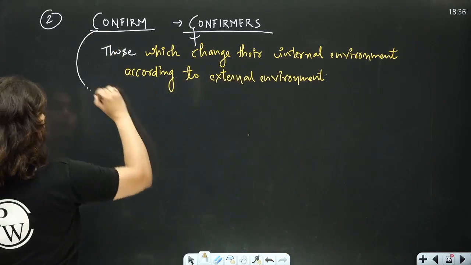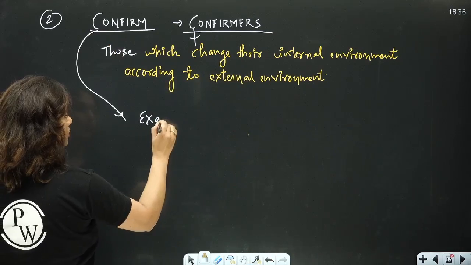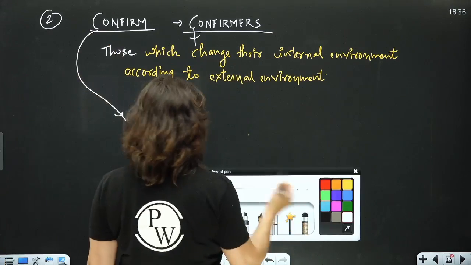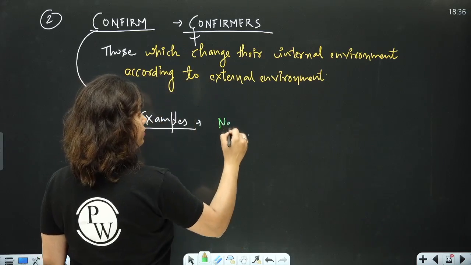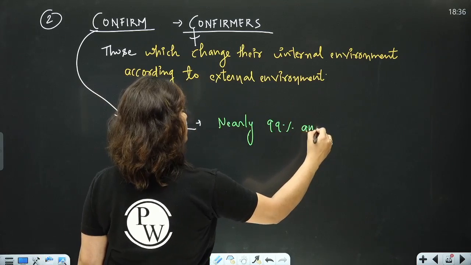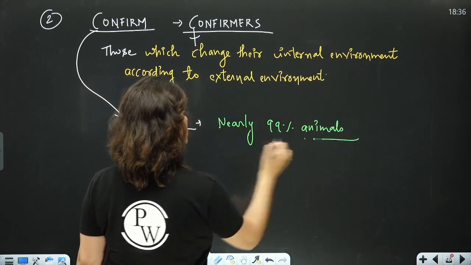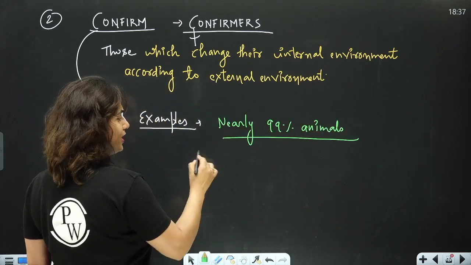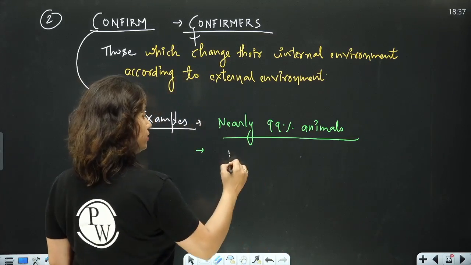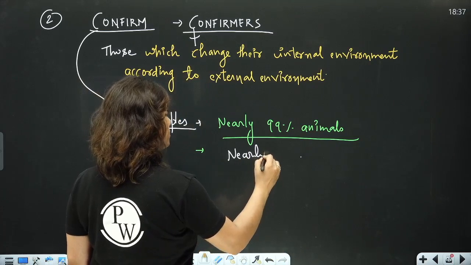And what are the examples of conformers? Important. The examples of conformers are nearly 99% of animals on earth, and nearly all plants.